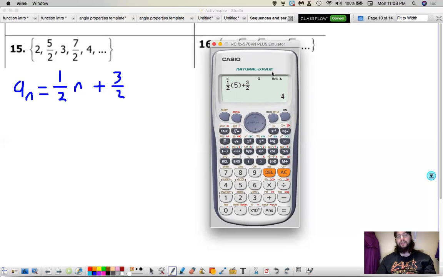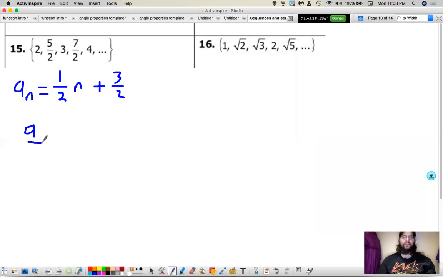You could just do it the recursive way, saying we're adding a half each time. So that's 7 halves, 8 halves. This is going to be 9 halves. Plug in 6, we should get 9 halves. 10 halves, 11 halves. Done.